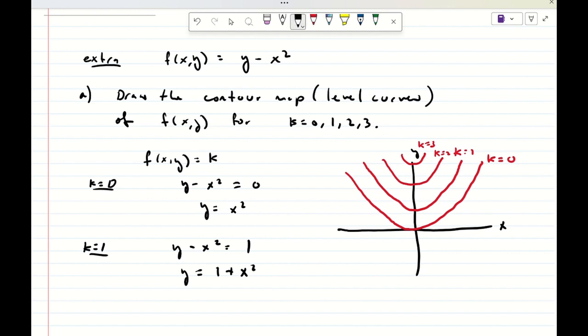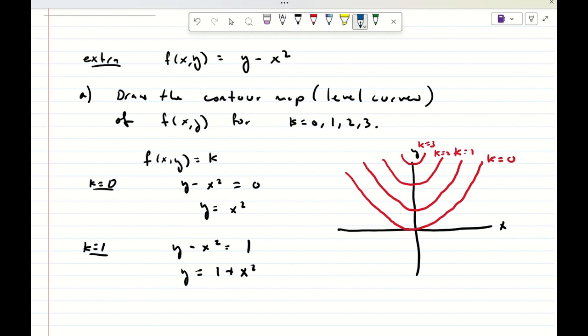So these level curves combined are what make up the contour map. And this contour map gives us a 2-dimensional representation of the surface that is in 3 dimensions.